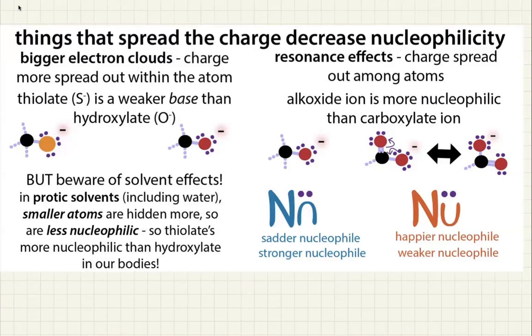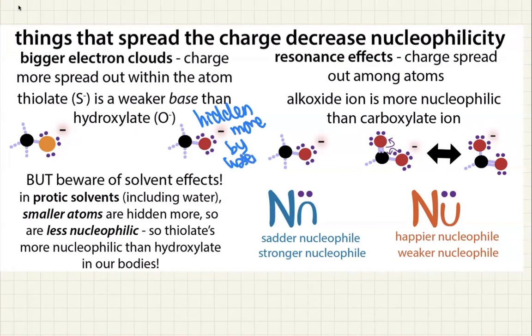So typically, as I was saying, if you're happier with the negative charge, you're less likely to react. Well, there's also this confounding effect where, when we have protic solvents, including water, which is what we're pretty much always going to be dealing with in biochemistry, you have this caging effect. What you're going to see is that the smaller atom is going to be hidden more by the water.